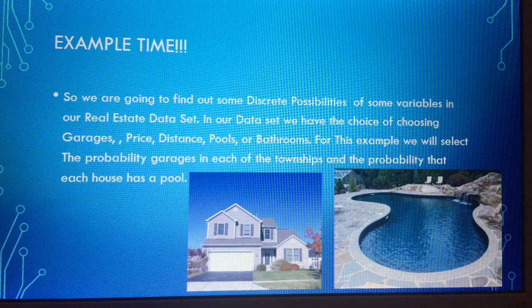I did forget to put bedrooms, my bad. For this example, we're only going to be selecting the two easiest I thought: the probability that a house has a pool, or a garage. So either a house has a pool, a house doesn't have a pool, and vice versa with a garage. We'll be using those two variables to discuss discrete probability here today.